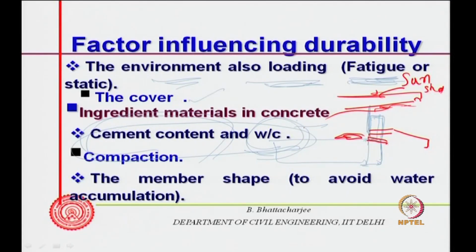So, therefore, detailed construction to avoid water, member shape and detail, is very important, because most of the time water logging and water seepage issues are related to details in drawing as well as execution of the construction. So, these details are very, very important. It is not only the shape, but also details of construction. So, the shape is important, details are very, very important to avoid water accumulation. This is most important, you must avoid this, that will improve the durability.